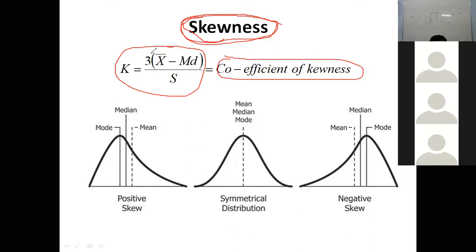Coefficient of skewness is 3 into, what is this? Kamaladeepan, what is that? In English, what is that? First of all, identify what it is. X bar. What is X bar?